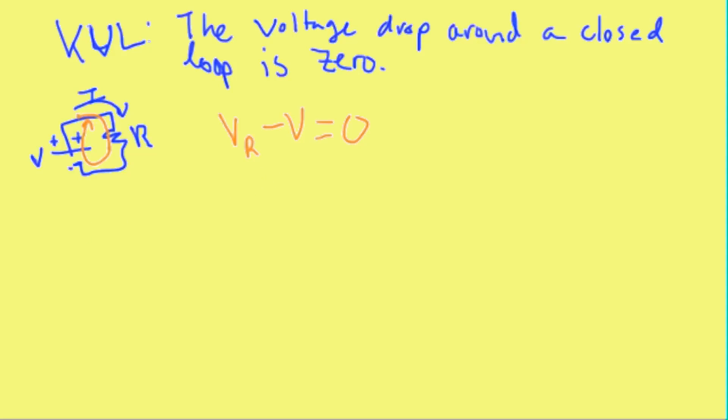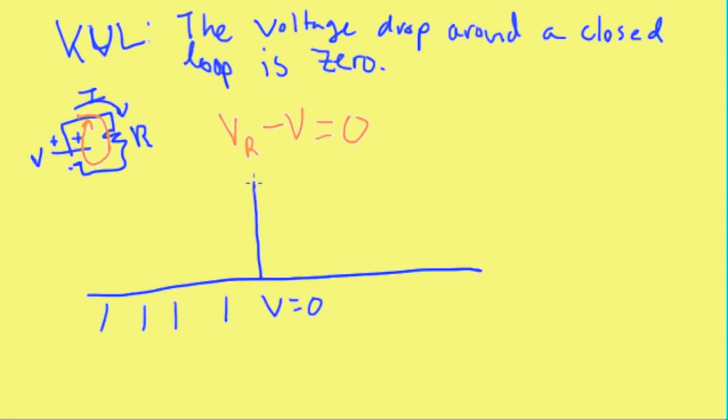So we can redraw this as sort of an altitude type thing. So if we have our ground right here, this is V equals 0, and then this comes up to a height that corresponds to V. What happens as we go across the resistor, we drop down in voltage to the bottom potential.